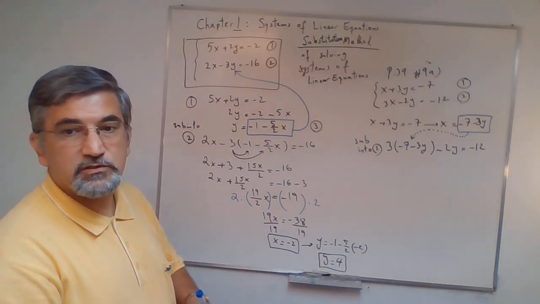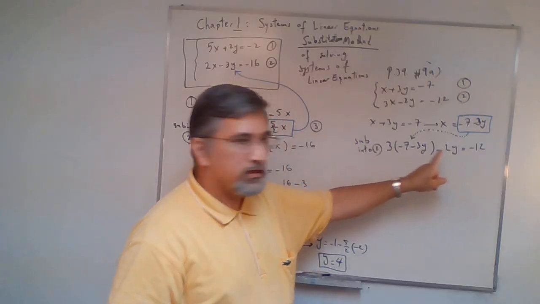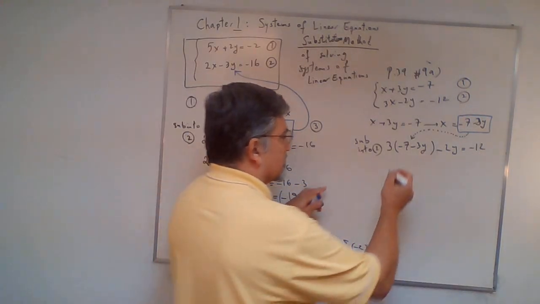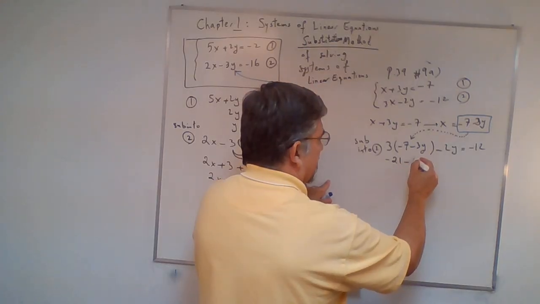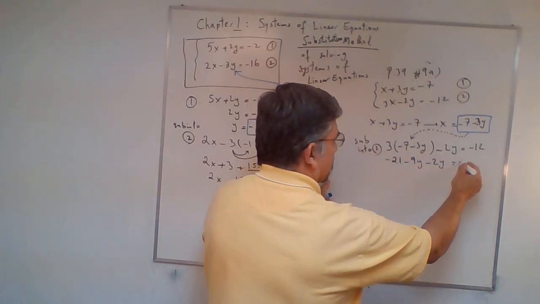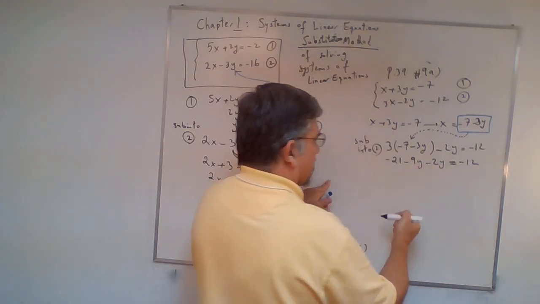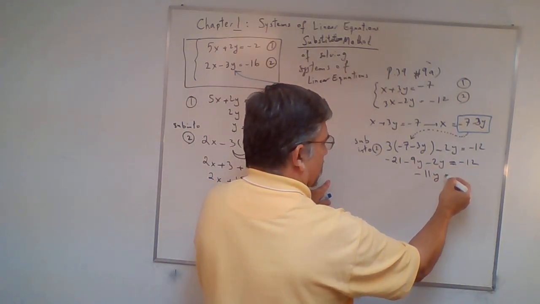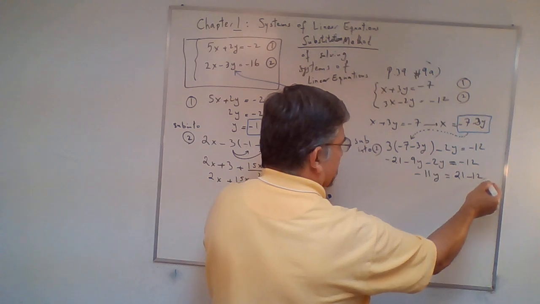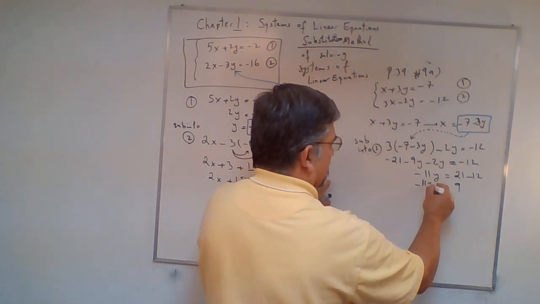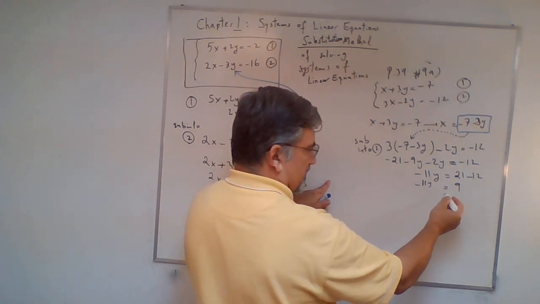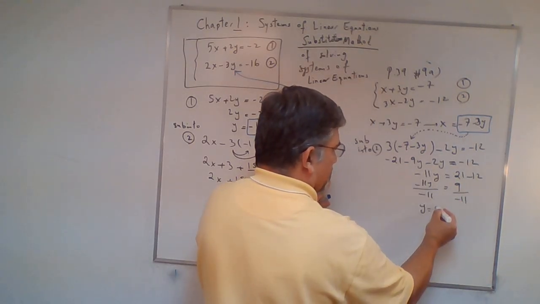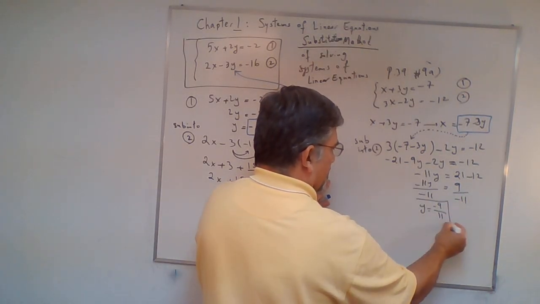So this substitution gives us one equation with only one unknown, and anybody can solve this. So -21 minus 9y minus 2y equals -12, and that's -11y equals 21 minus 12. That's a 9. So dividing both sides by -11 will give us y equals -9 over 11.